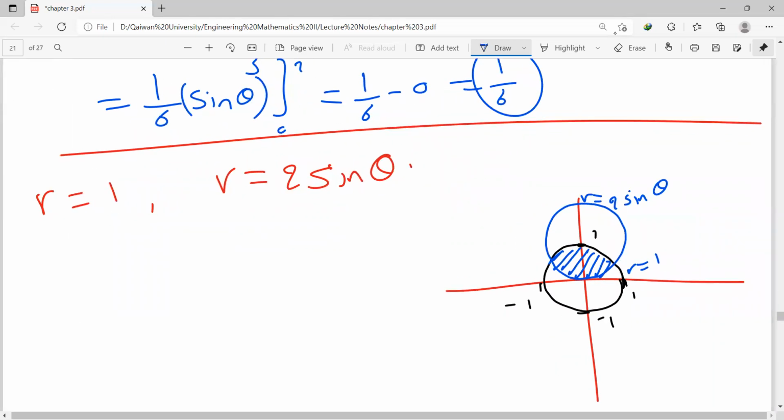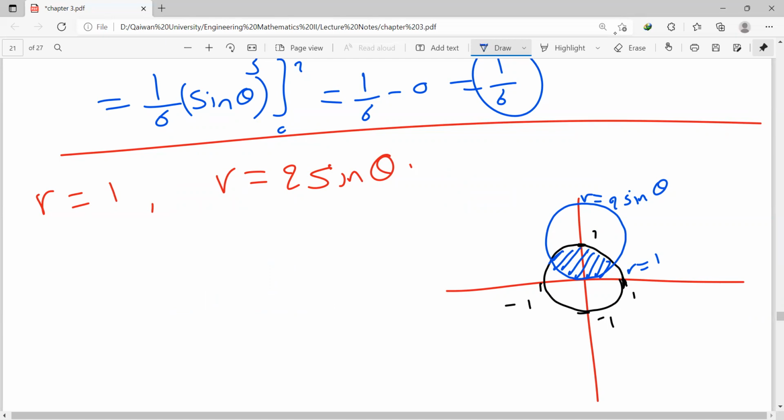We said for the sine function, if you have only sine theta, its graph is a circle with radius 1. But if you multiply it by 2, it gets up to 2. Now, what's the angle?